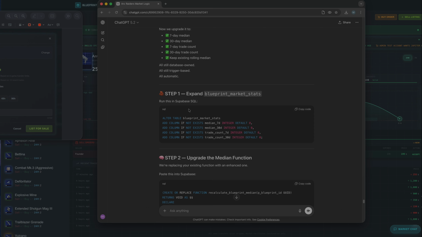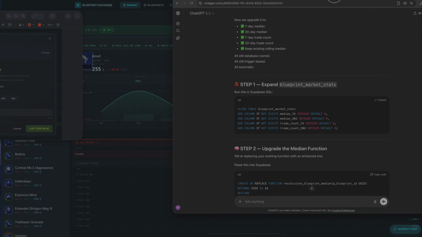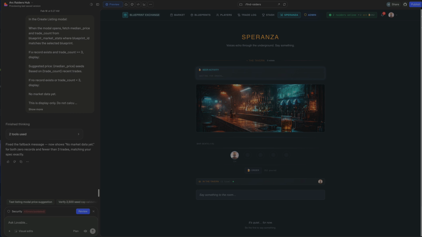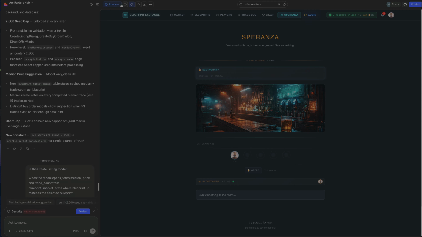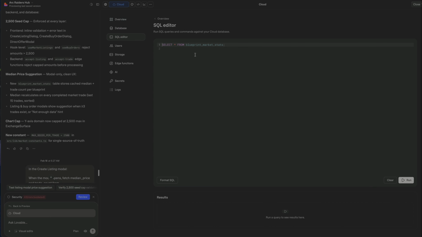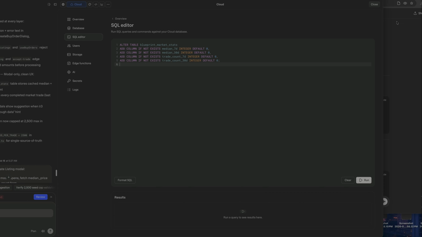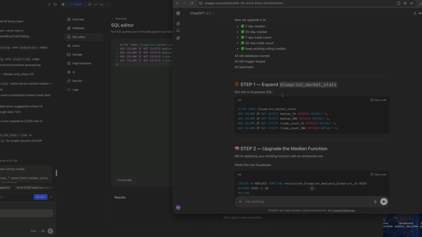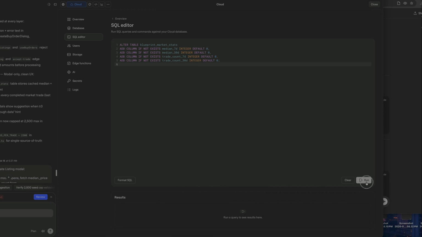We're compressing her. She's running full speed, Captain. Full speed. Oh, she's a big boy. Look at this. Okay, step one, expand. Run this in SQL. Copied.